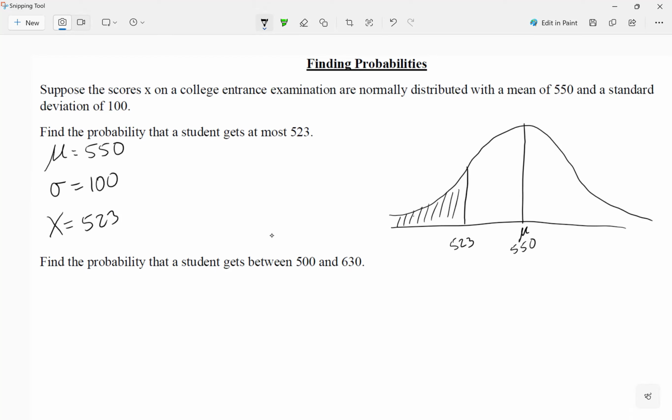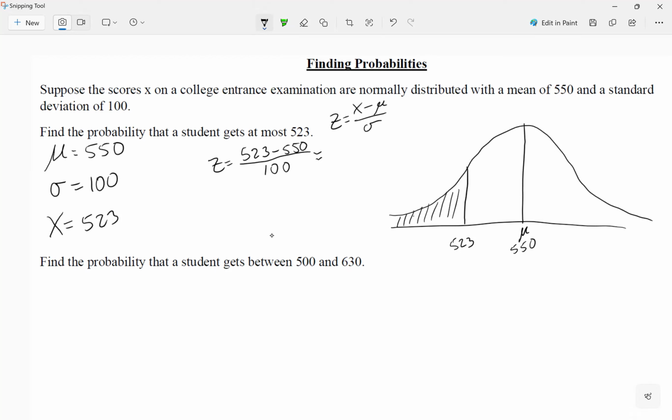Now that I have my X, my mu, and my standard deviation, I need to know my z-score. I gave you guys the formula: z is X minus mu over standard deviation. So in this case, my z-score is 523 minus 550 over 100, and I'm going to round to 2 decimal places.